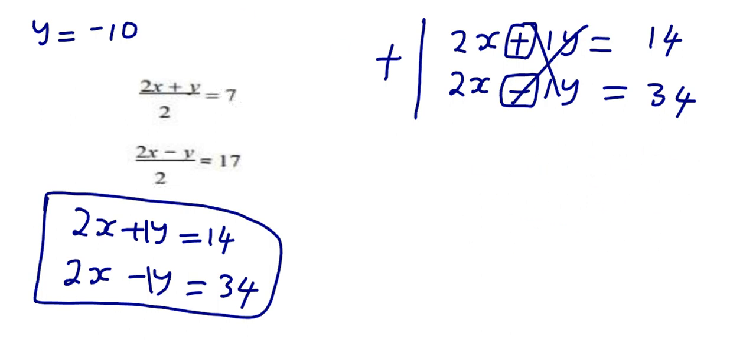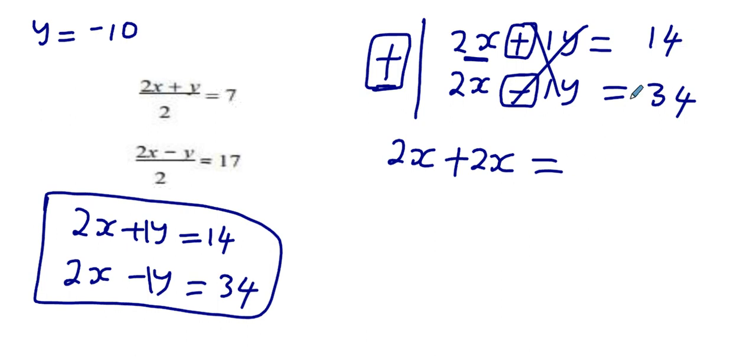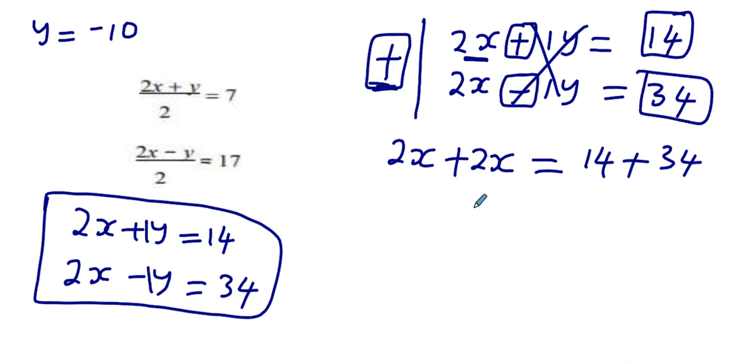Head on to 2x plus 2x. So this will be 2x, which is here, plus 2x. See that? So 2x plus 2x equals 14 plus 34. I hope that helps.